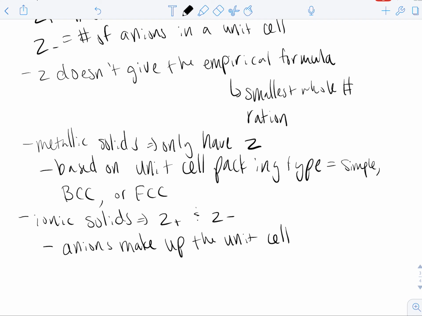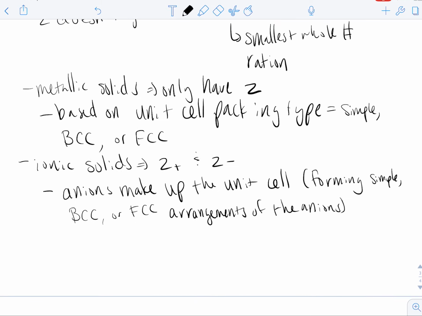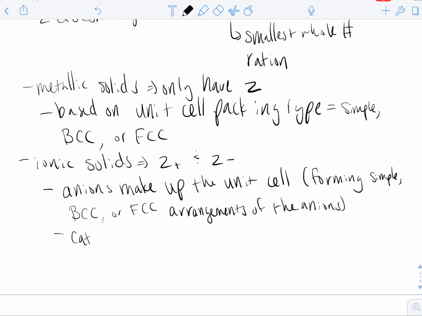That means that they are going to be forming primitive, body-centered cubic, or face-centered cubic arrangements of the anions. And then cations fill interstitial holes left over.